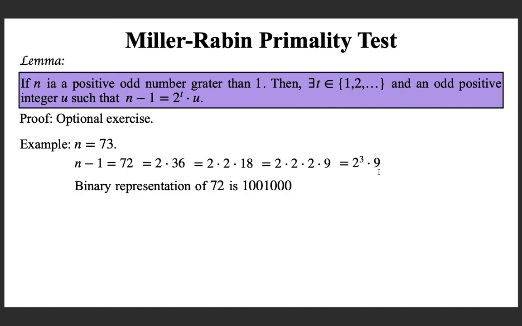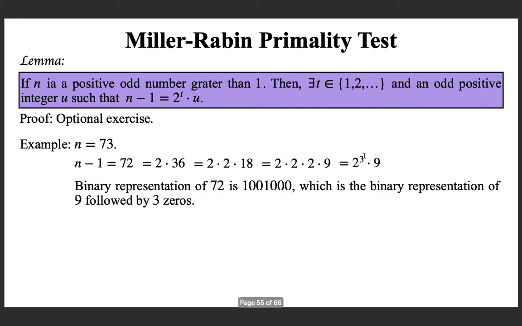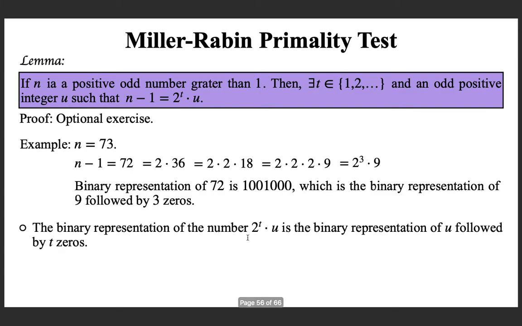And this is nothing but the binary representation of this odd number followed by these many zeros. That you can prove in general. What I am claiming is that if you look at the binary representation of 2 to the power t multiplied by u, when u is an odd number, it is nothing but the binary representation of u followed by t zeros. You just observe it from here, but you can generalize, and in fact you can prove it.